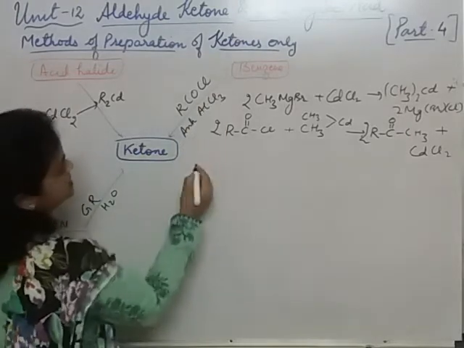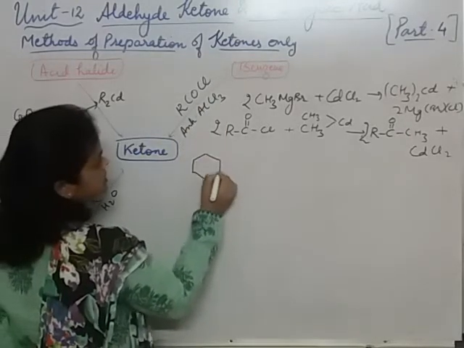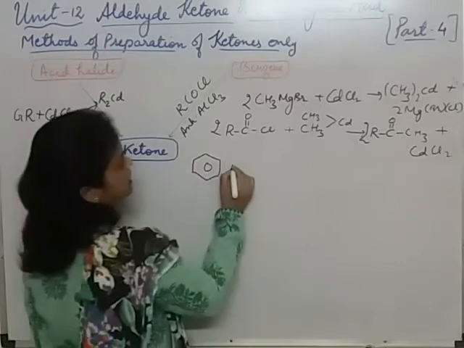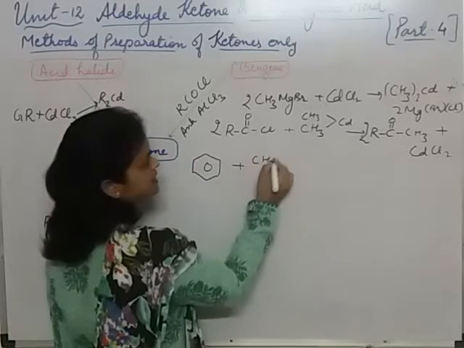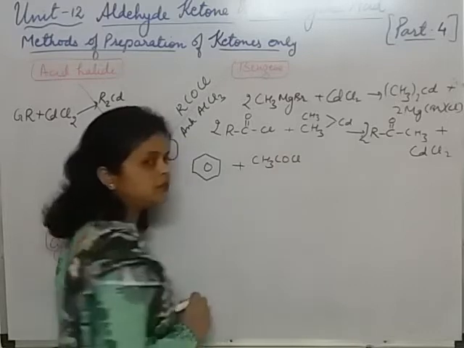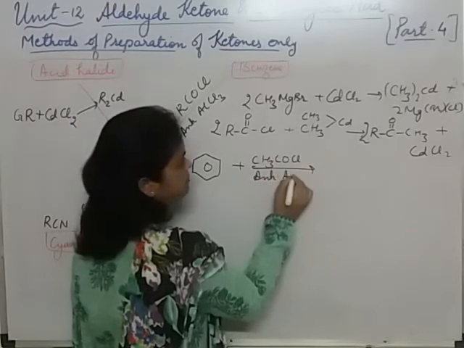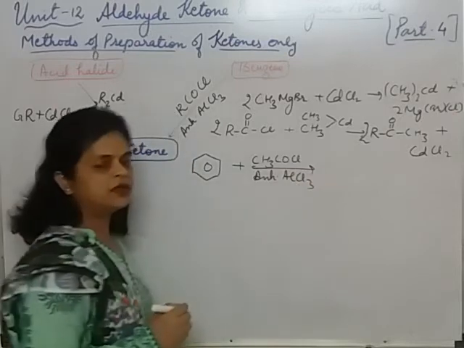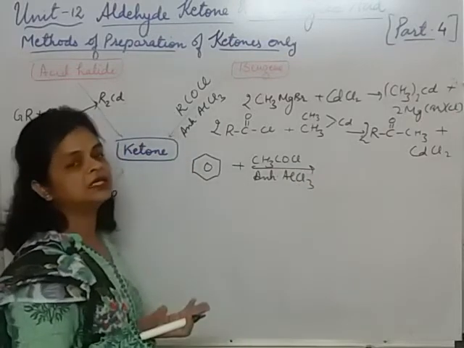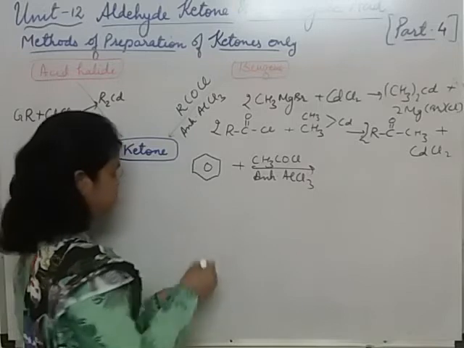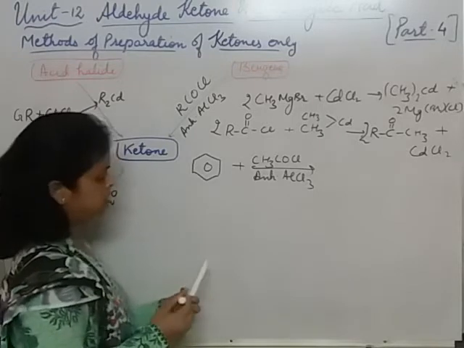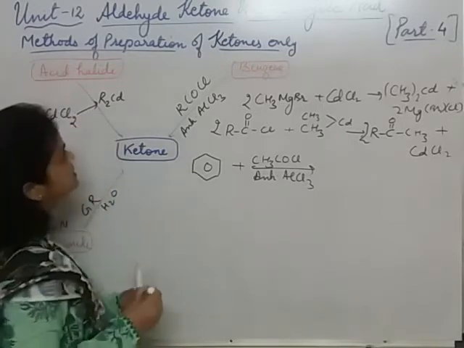Now the second one, benzene. Suppose this is our benzene and it is combining with CH3COCl in the presence of anhydrous aluminium chloride. Now what will happen? Yes, it is Friedel-Crafts acylation. So you just mention the name of the reaction.